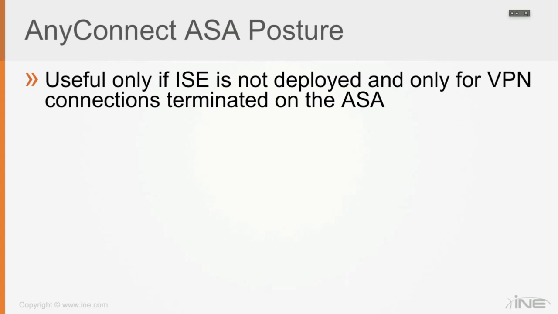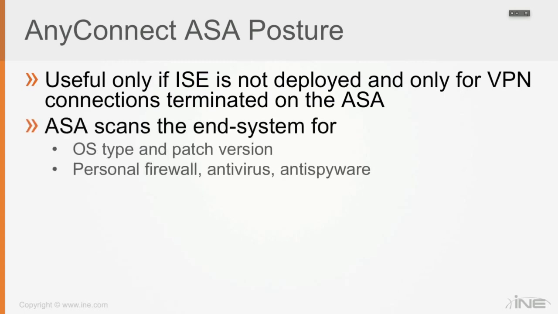What this means is that when you terminate a VPN tunnel on the ASA using, of course, Cisco's AnyConnect client, if you have the posture module installed, the ASA is going to scan the end system for the OS type and patch version, like Windows version, patch version, any kind of upgrades available. It's going to scan the system to see if it has a personal firewall active or installed, antivirus, anti-spyware, so a lot of those things.